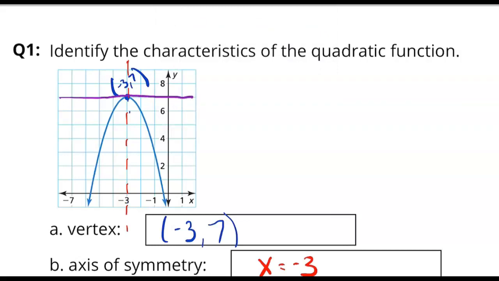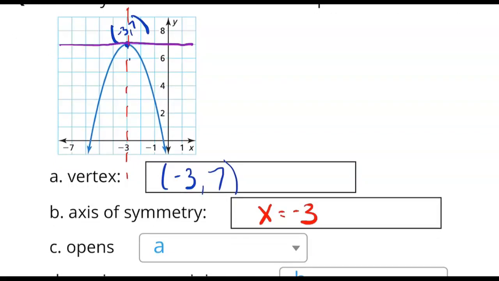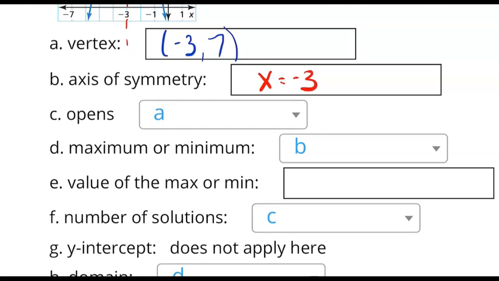So the value is the y value of the vertex. So the max, and this is going to be a max, right? Because it's opening down, so the very tip top. So the max value here is 7. Very high, highest point. We don't care side to side. Max and min are all about up and down.